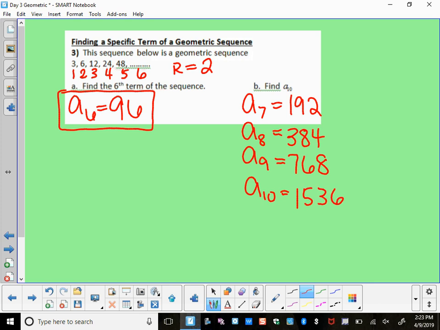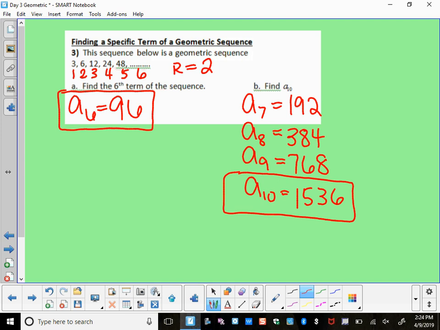Do you guys understand how Eric got those numbers? He just multiplied by 2 every time. Our ratio was 2, right? They gave us what we're starting with, so 48, to find my next term, he multiplied by 2. So he got 96. But they asked for the 10th term, so I had to keep going. 96 times 2, 192. 192 times 2, 384. 384 times 2, 768.